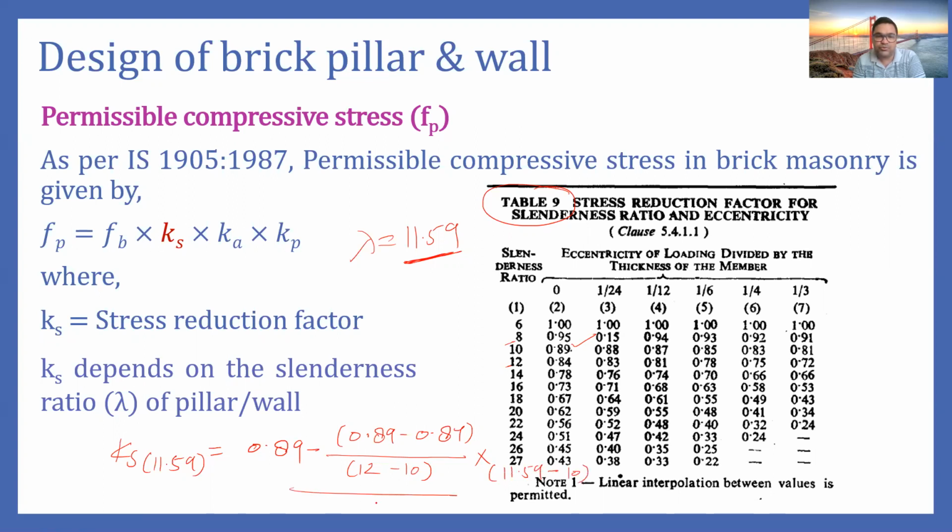This is how we do the interpolation. I have explained this interpolation procedure in the earlier lectures, so you can refer to that. Using this calculation, we can calculate the value of Ks.